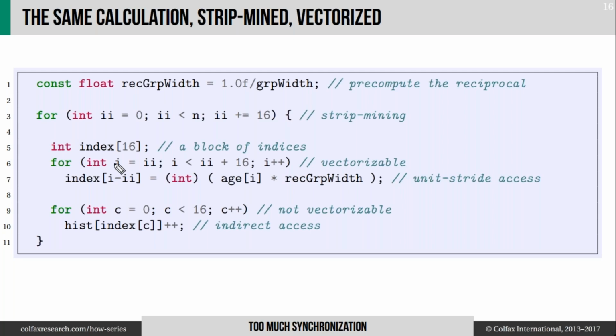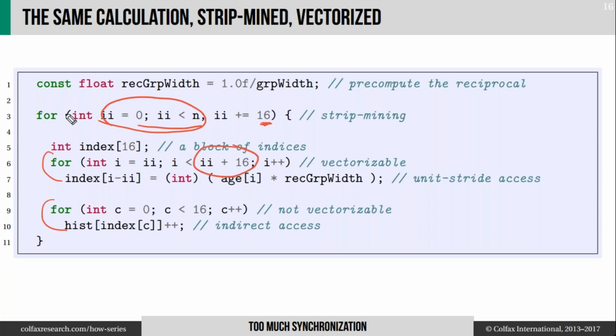In order to reduce the pressure on memory, in addition to splitting the loops, we did strip mining. When we strip mine the loops, the outer loop goes through all ages, but with a stride of 16. And then the inner loops only have a length of 16, and they iterate over 16 ages.